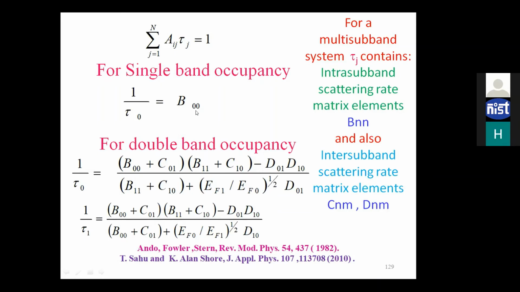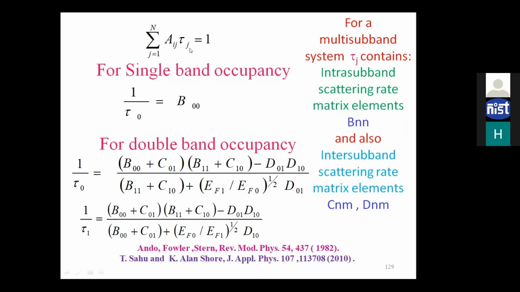But if it is a double subband, that means j equal to 0 as well as 1. That means two levels are occupied below the Fermi level, the 0th and the 1st level. So j takes the values 0 and 1, n equal to 2.